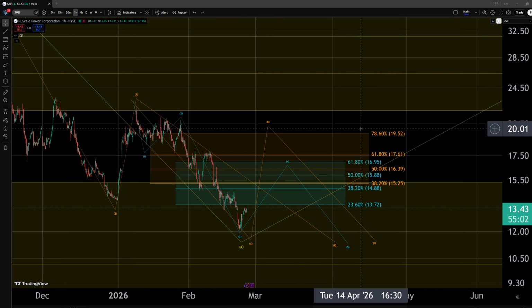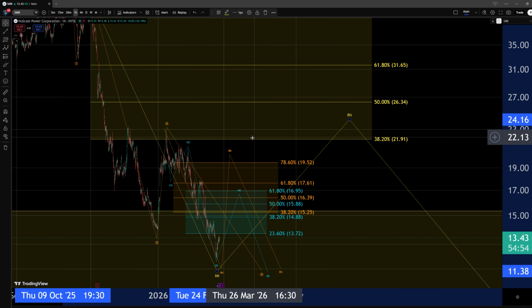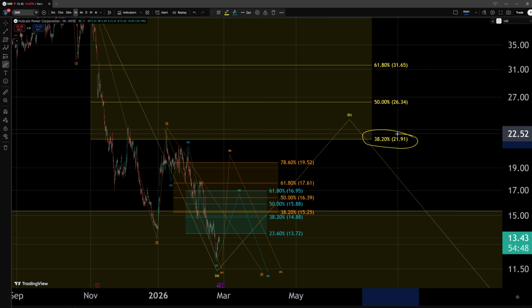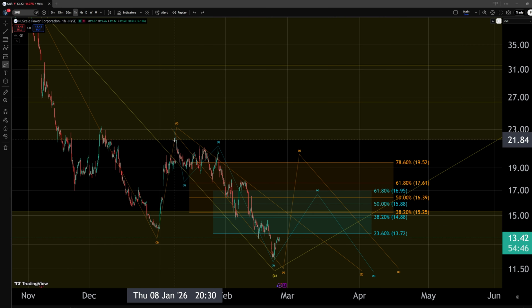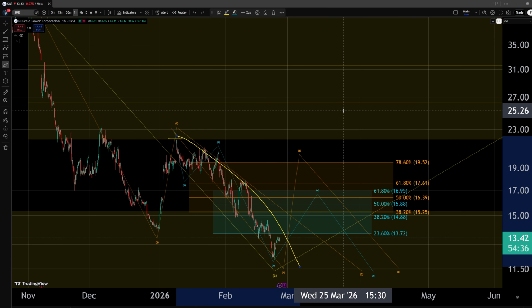With the break above the $19.5 level, the probabilities shift into the favor of being in the larger wave B in the yellow structure, and already at the first level of resistance within this area, at the $21.9, we have now structural resistance as well. This previous swing high, from which point we extended in this additional low. Now, that doesn't mean we need to stop there, but it is something to watch out for.